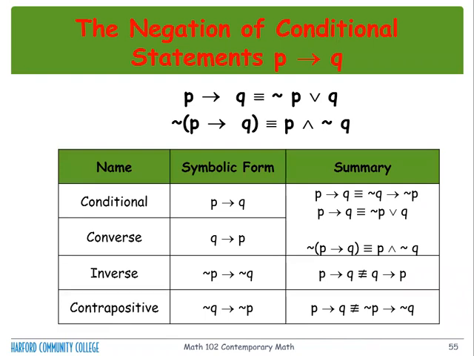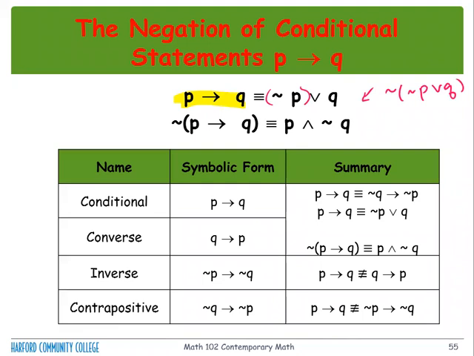From the previous section, we know that P then Q, the conditional statement, is equivalent to the statement not P or Q. Now, when you apply the negation to the if-then, it is the same as applying the negation to not P or Q. Use De Morgan's law.